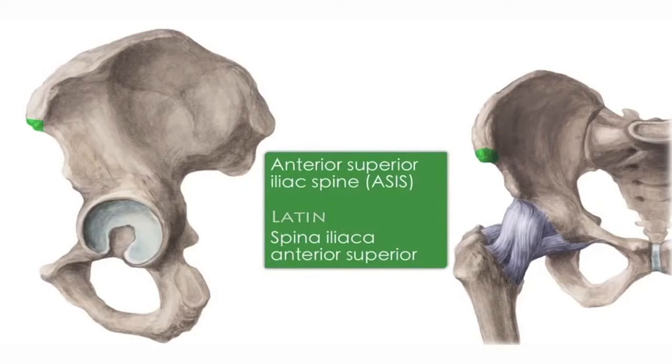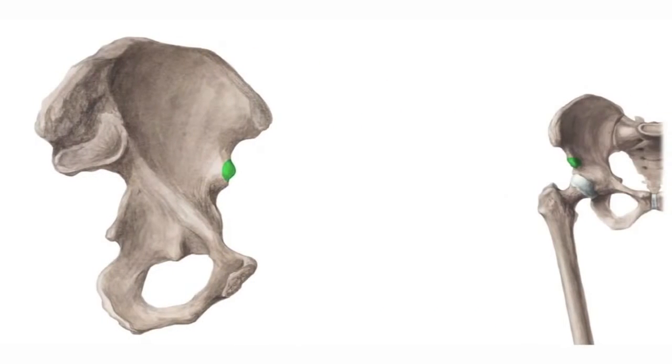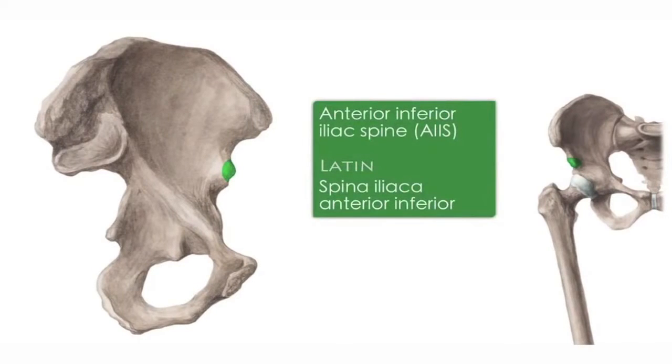It is a bony projection that marks the anterior limit of the iliac crest, like I also talked about on the previous slides, and it is the origin for the sartorius muscle. Then there is the anterior inferior iliac spine, a bony process at the anterior margin of the ilium. This serves as the origin point for the rectus femoris muscle.